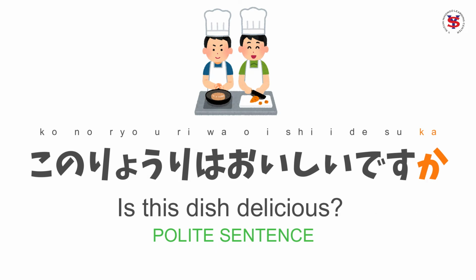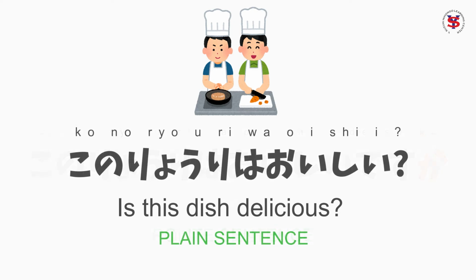So, this is the polite style of asking. Now, what about the plain style? Ito-drop lang ulit natin ang desu ka. So, magiging, この料理は美味しい? Make sure to put an emphasis on the tone going up at the end to signify that it is a question in the plain form.